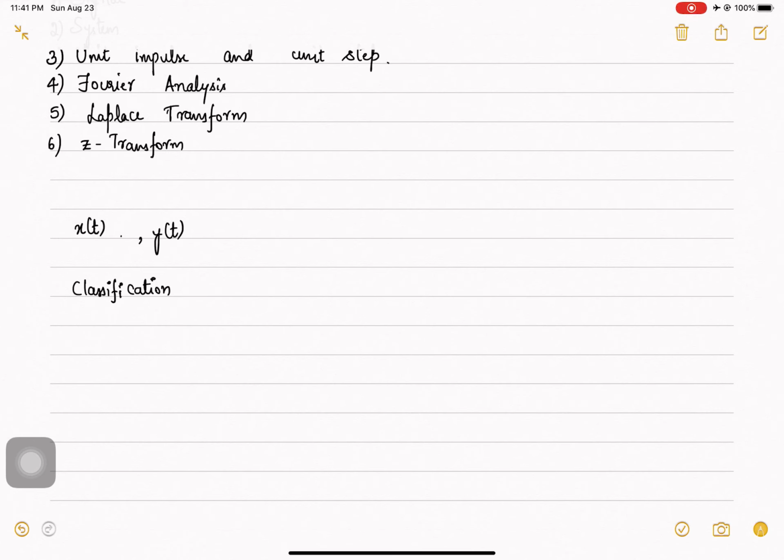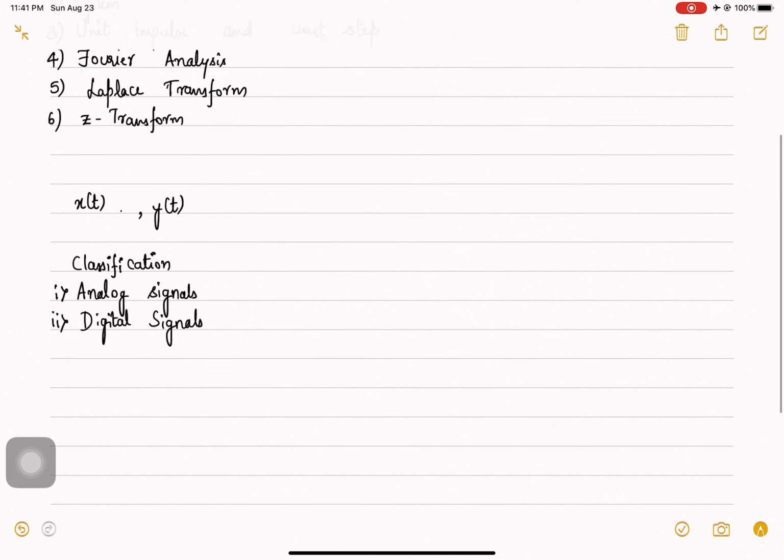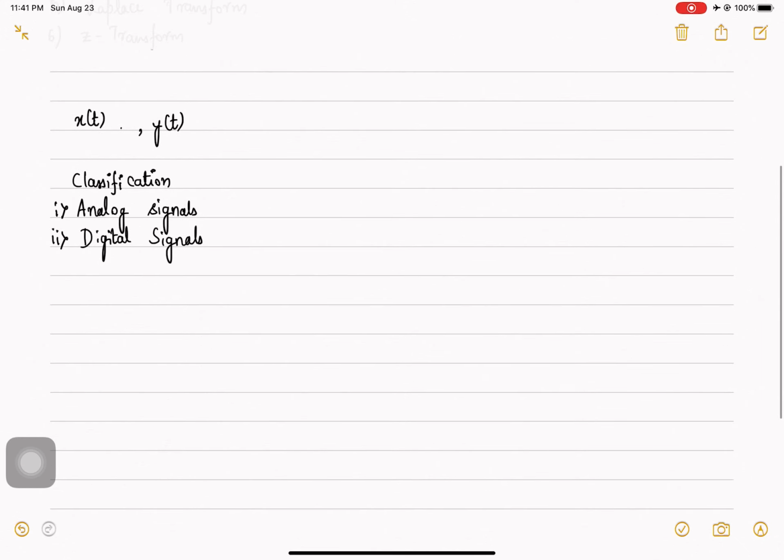One important classification is, I'm going to classify these signals as analog signals and digital signals. What do you mean by the term analog signals? There are two kinds. One is continuous time, continuous amplitude signals, right?